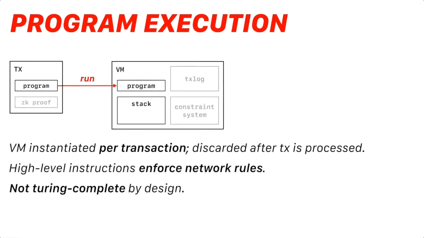The verifier instantiates a VM for verifying a single transaction. It is a simple stack-based machine with just a stack and no persistent storage. VM is discarded after transaction execution has finished. Each instruction works with high-level concepts, values, constraints, and it provides both the functionality to the user and also enforces the network rules, like making sure that assets are not counterfeited.